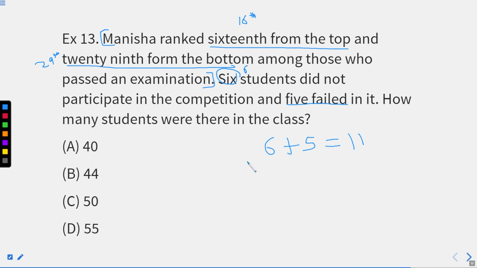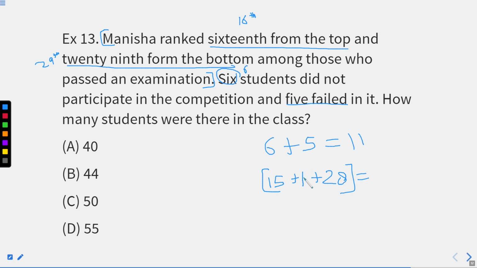Now, we need to figure out those who cleared the exam. We know that Manisha is ranked 16th from the top. So 15 plus Manisha's rank, that is 16th. Plus, if we look forward, that 29th from the bottom. So 28 plus this is Manisha's rank. So if we calculate this, what are we able to get?